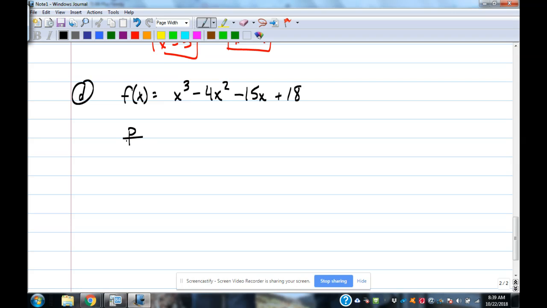Again, this is an easy one for P over Q, because we have a 1 in the leading coefficient spot. That makes things easy when that happens. Okay. So what are our factors of 18? 1, 2, 3, 6, 9, 18.